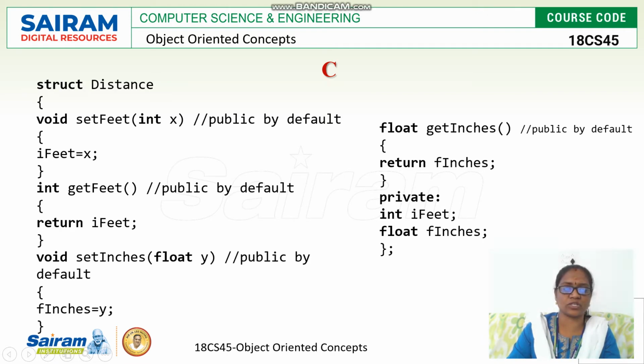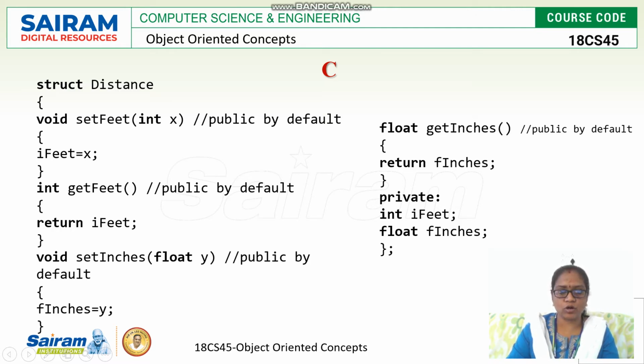Distance is my structure, and here set feet, get feet, set inches and get inches are the four different member functions used in the structure. And there are two data members, that is nothing but feet and inches, declared as integer and float, right? These two data members are declared as private.